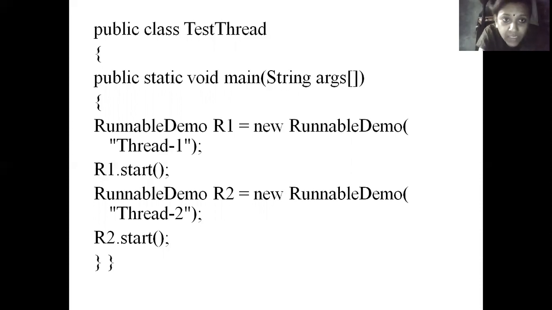If we run this one, you can see it will print like this. First thing was creating, then it starts to run. So creating thread 1, starting thread 1, creating thread 2, r1 and r2, both two threads we have created. Then starting thread 2, then running thread 1.